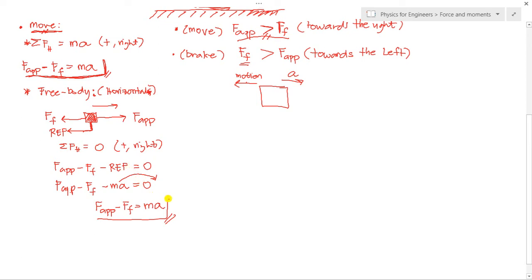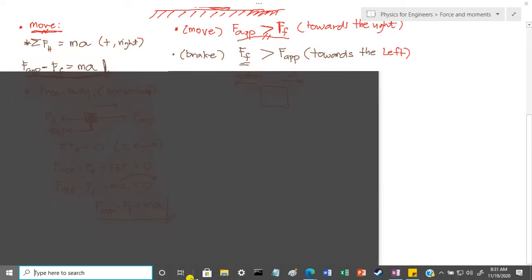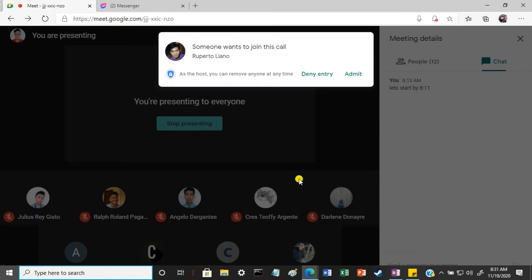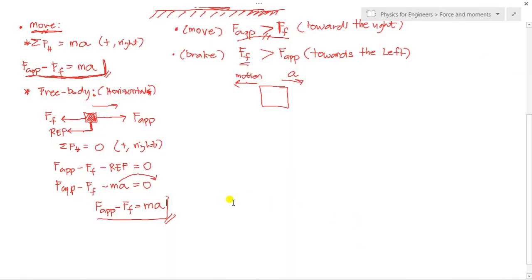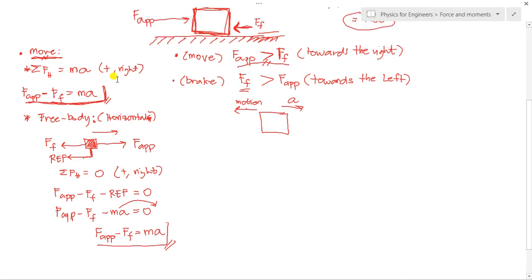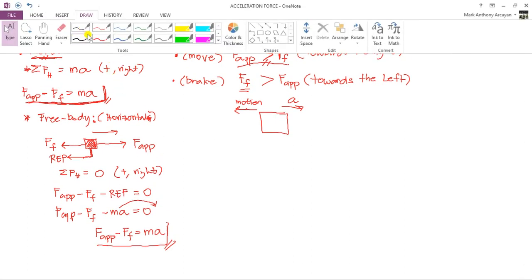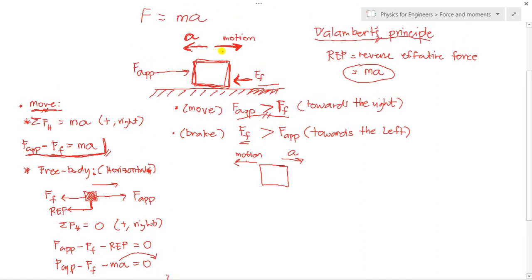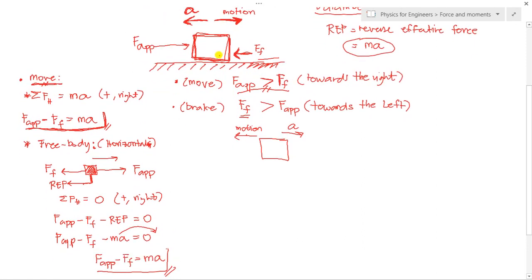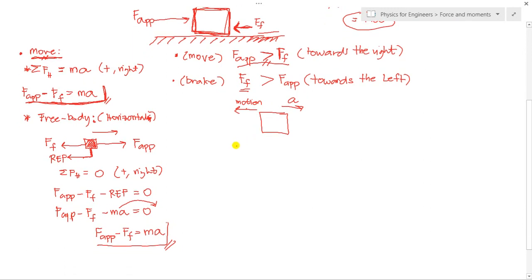But overall, class, it is the same, you will arrive at the same equation. But take note, I have experienced this when using the convention that the direction of acceleration is the same as the direction of motion. Be mindful when you take the summation of forces, because you might make a mistake during the second condition.